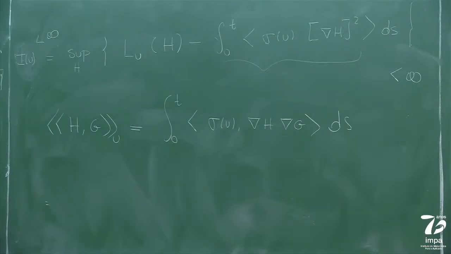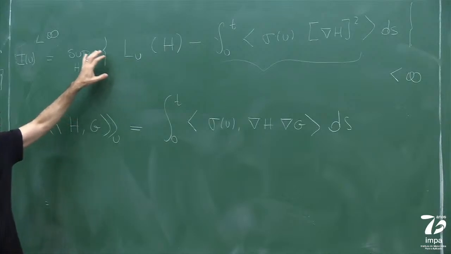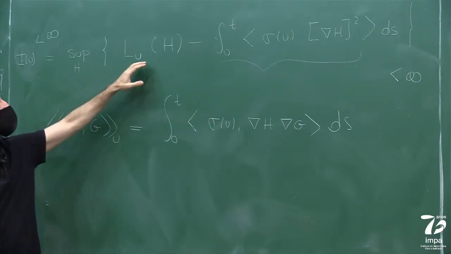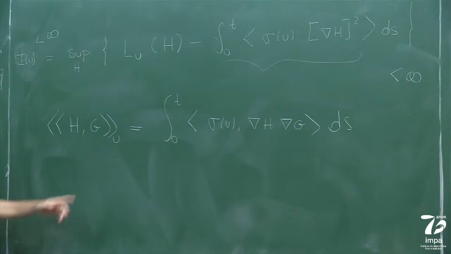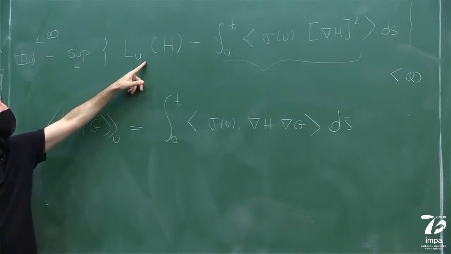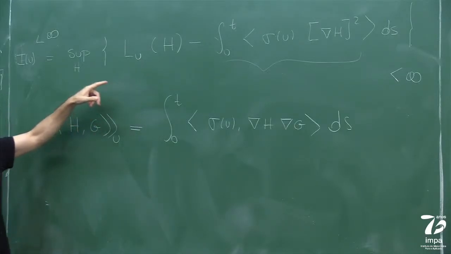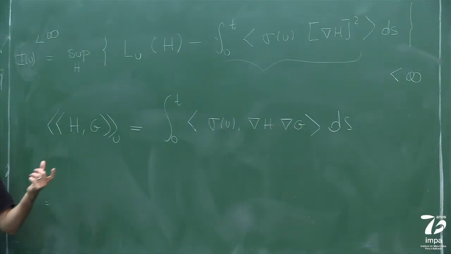And then you get a Hilbert space in this way, a Hilbert space which is induced by this scalar product. Now you have here a linear functional. And what this variational formula is telling you is that this linear functional is a bounded linear functional in this space. If it's linear and bounded, then you know by the Riesz representation theorem that there exists one.